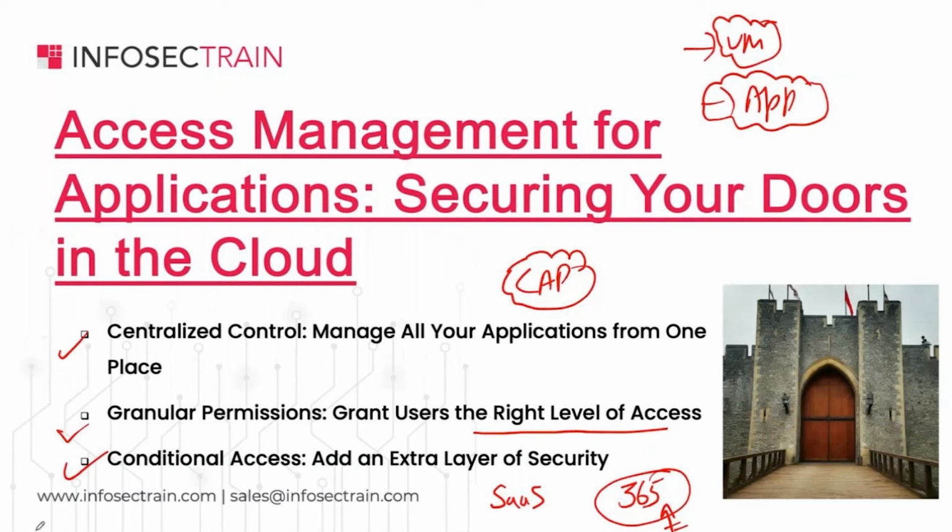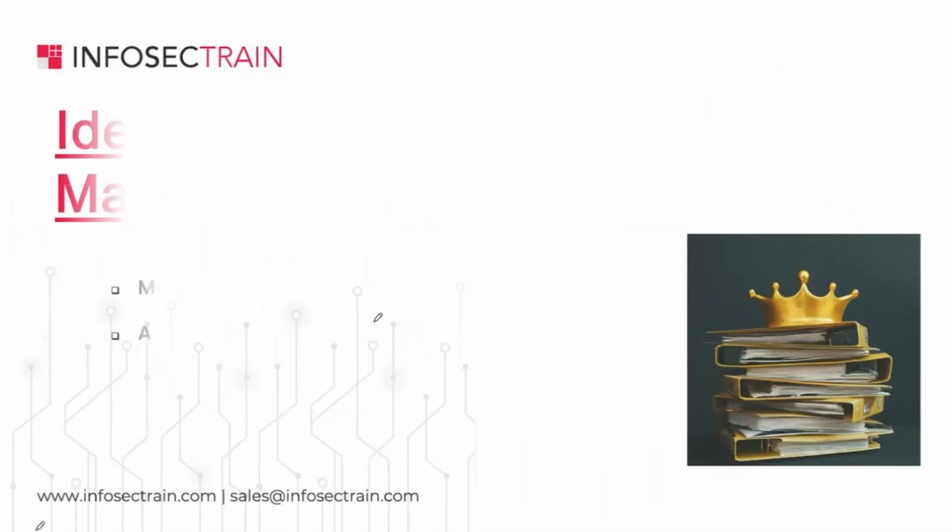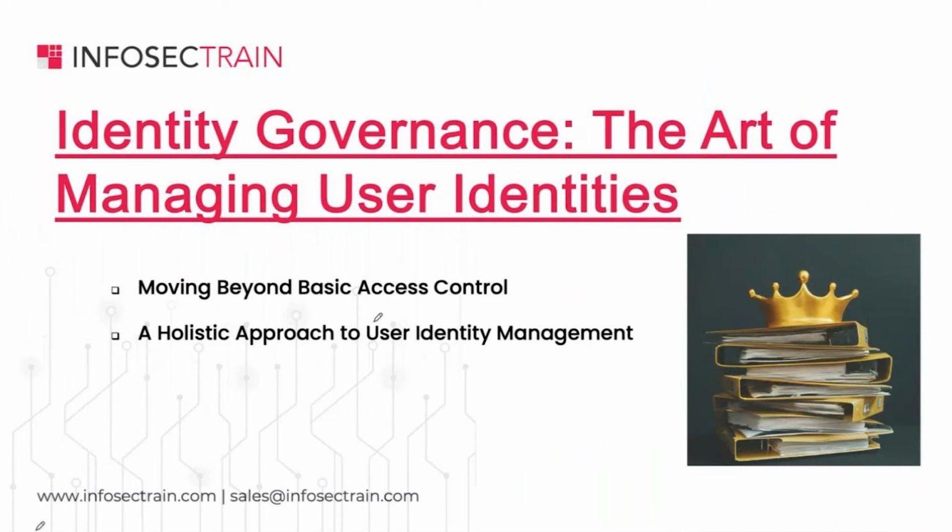Now, when we are talking about all these resources, apart from this, we are going to have a bit more on this part. Like I was saying, a bit of theory we need to discuss. So, identity governance, right? Traditionally, access control is focused on what? Granting or denying access to a very specific resource. This is going to remain a crucial task for identity governance as well.